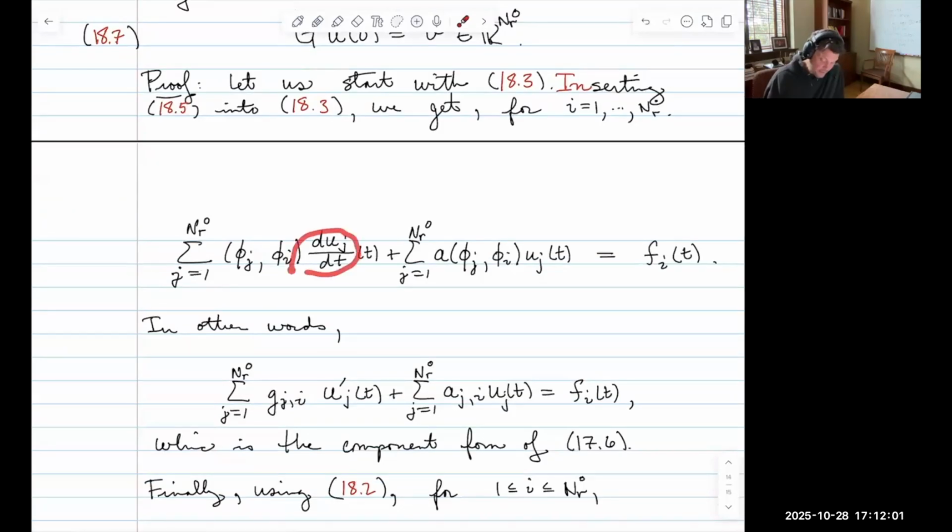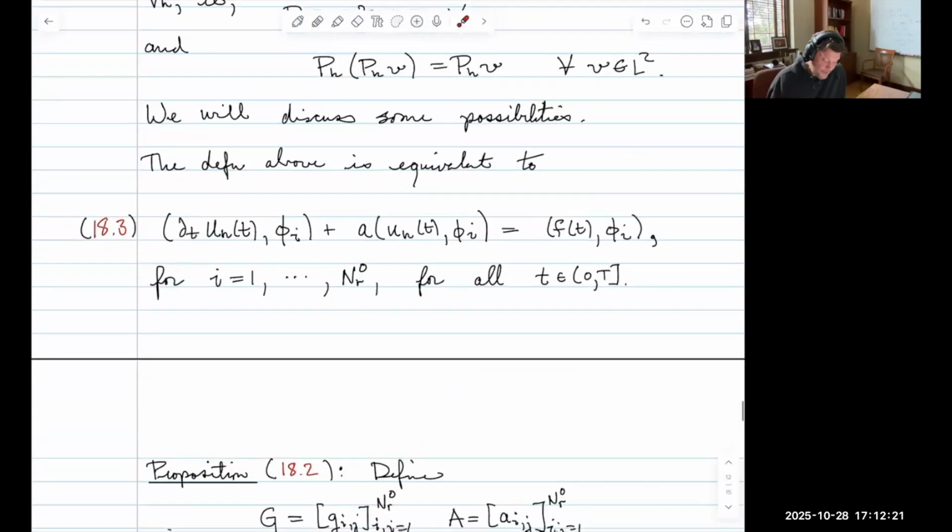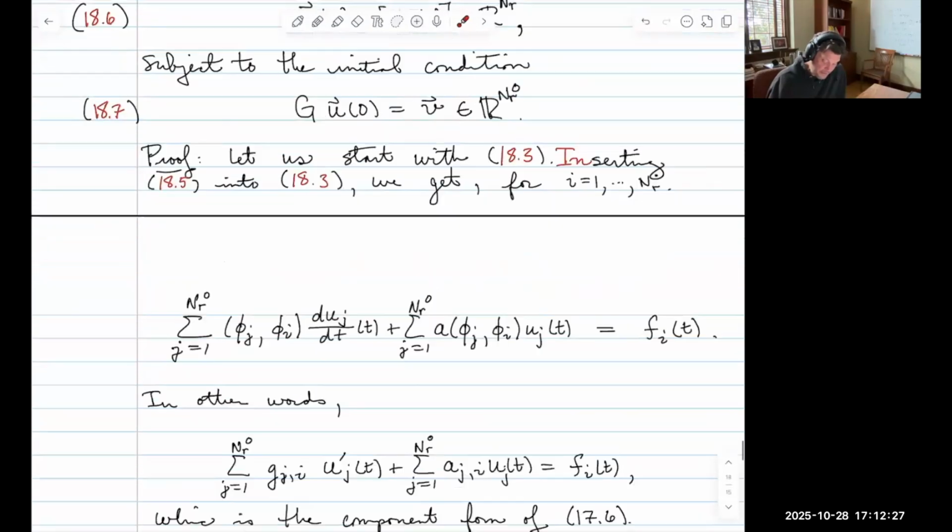So I get time derivatives of that. That's just these terms. I'm going to pull those out of my inner products because, again, they're not dependent on space. This one, this is just the standard formulation that we've seen before. If I put that expansion into that term here, then out pops the stiffness matrix, right?